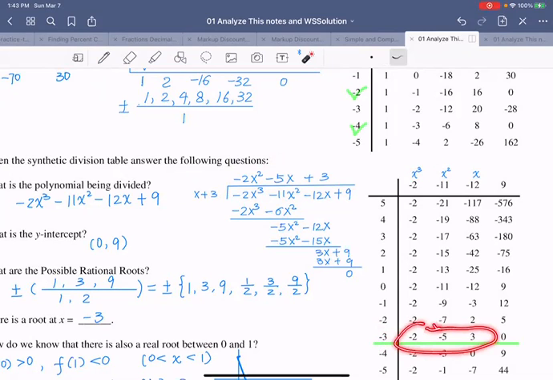This corresponds exactly to here, -2x squared minus 5x plus 3. 0 is the remainder. If you have a remainder of 0, this is divisible by that, which is saying that it is a factor of this. Correct?